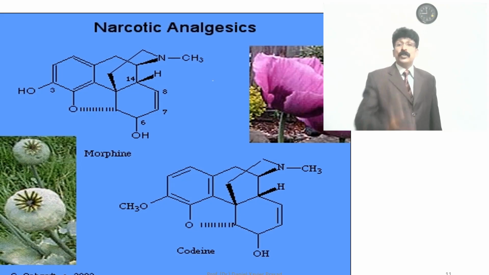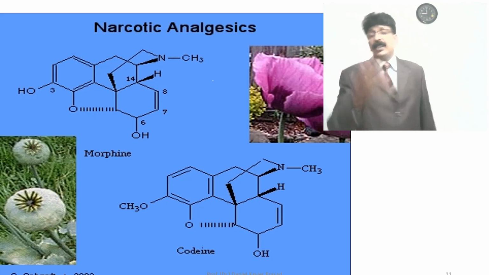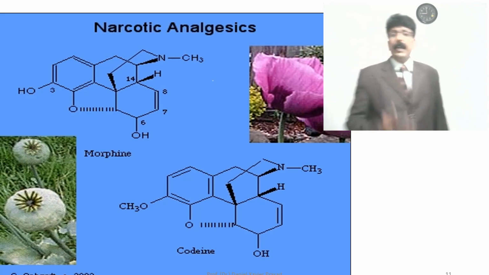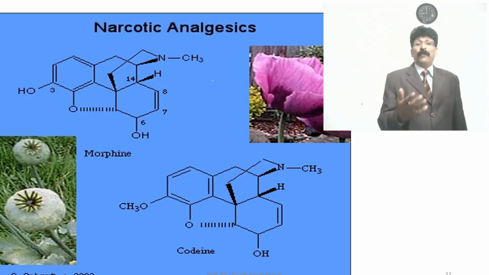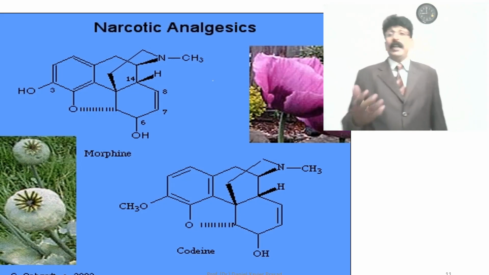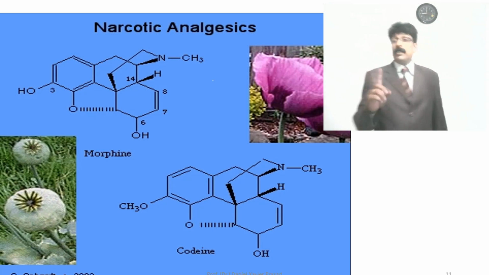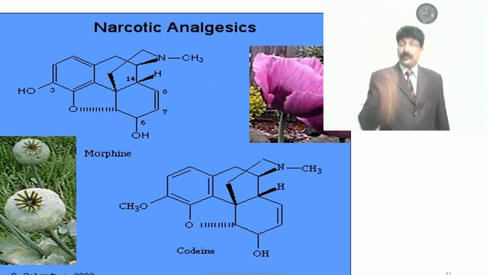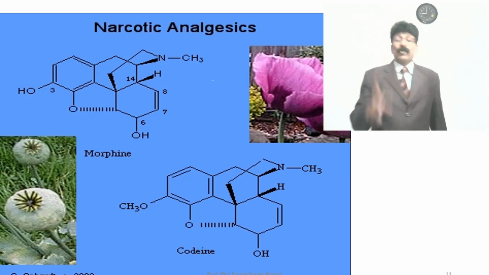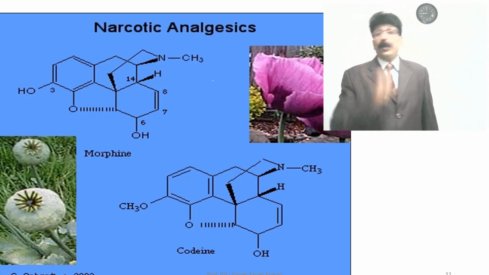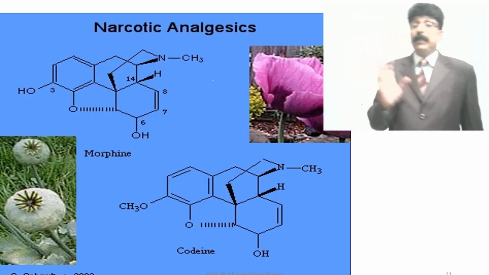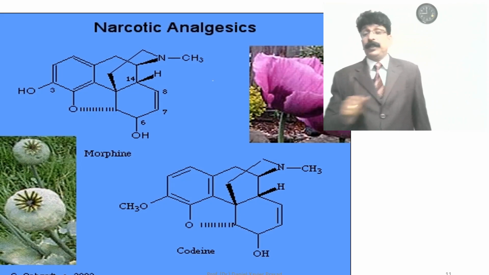Morphine and codeine are narcotic analgesics, and codeine is methoxy morphine, but its action is totally different. Codeine is not a narcotic; it can be used in cough syrup as an antitussive. But morphine is a sedative and hypnotic, a narcotic drug which is not cultivated without the permission of the government.